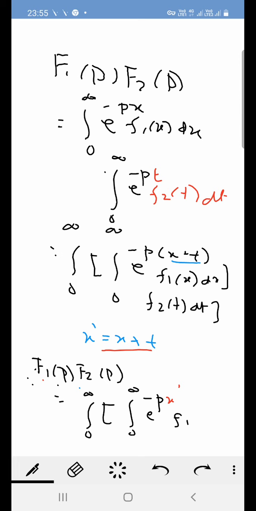If x dash is equal to x plus t, then x becomes x dash minus t. So f1 of x dash minus t into dx dash, then f2t dt.